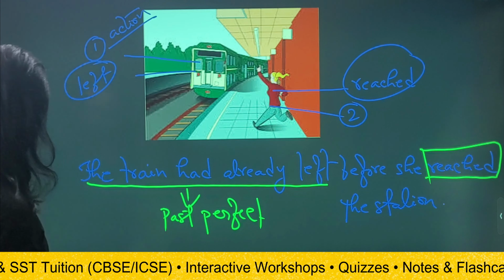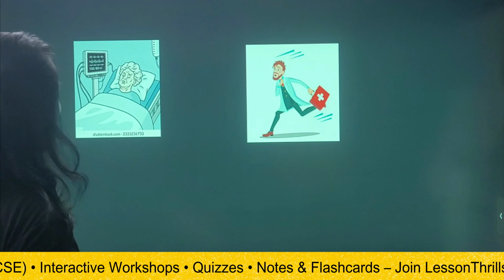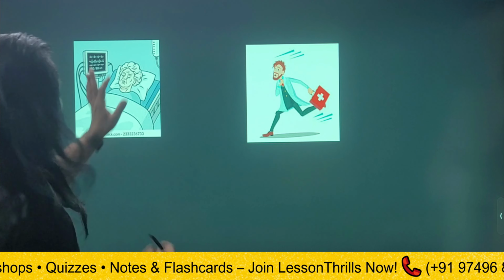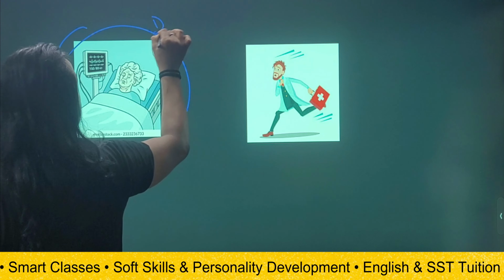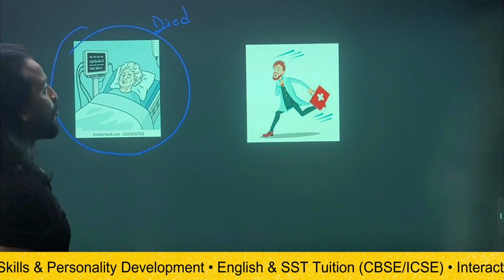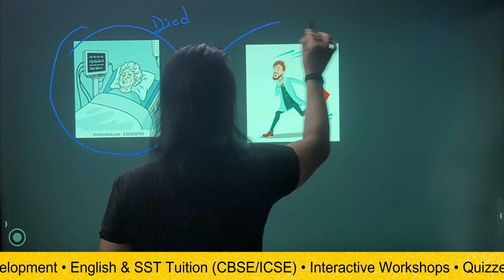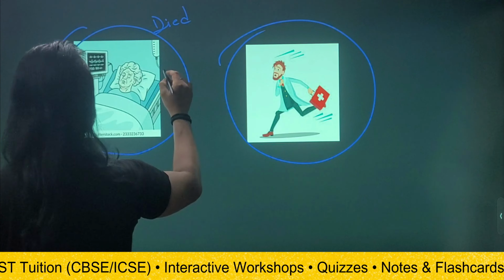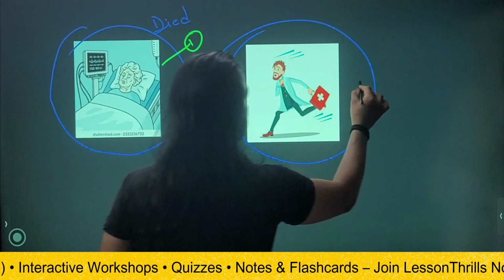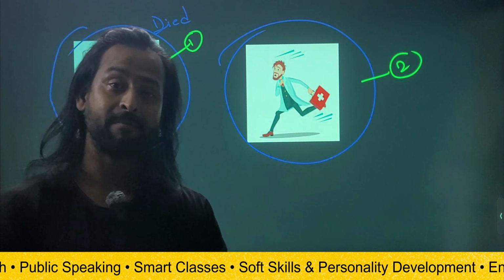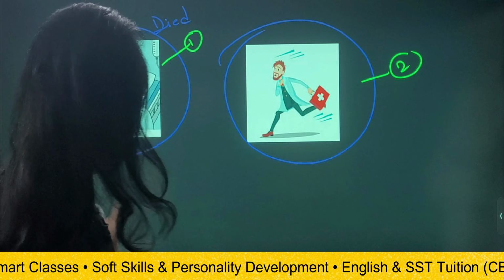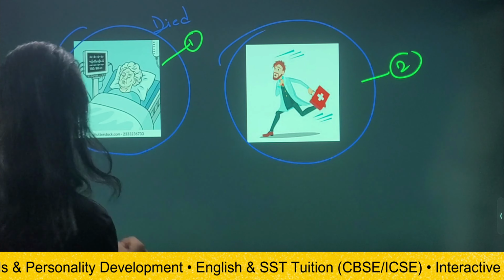One more example, last example है ये. Okay, so here we can see, here's the patient. अब ये patient मर गया है, died, और उसके बाद डॉक्टर आता है. Action 1, Action 2. तो ये क्या होगा बताइए? डॉक्टर आने से पहले ही पेशेंट मर चुका था, तो हम क्या use करेंगे यहां पे?